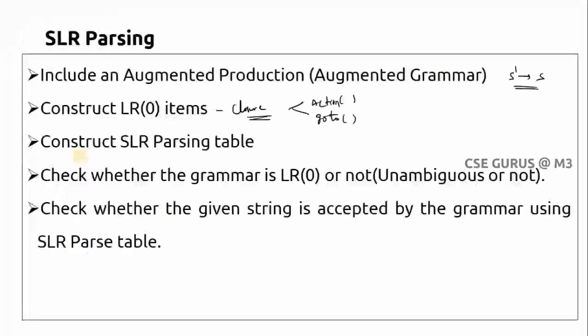Now the next step is to construct LR(0) items. For the productions we have, we need to construct LR(0) items. This is very important, so listen carefully. I have taken all these productions: E dash tends to E, E tends to E plus T, and so on, all the productions.